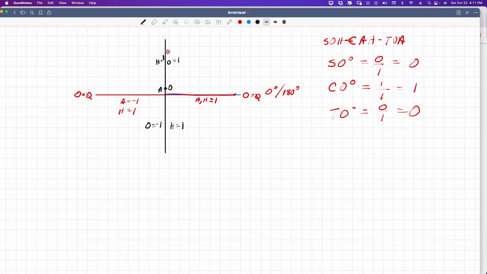And then we can take these values here and these values here, and we can figure out sine, cosine, and tangent based on that. So we just put them into our formula and solve for each one of those if we want to.